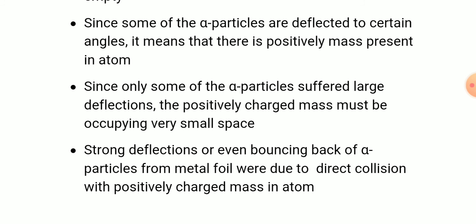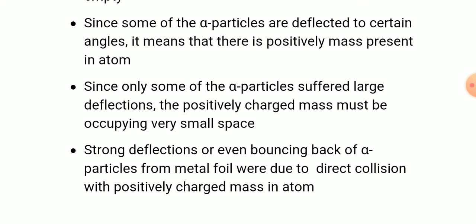Since some of the alpha particles are deflected through certain angles, it means there is positively charged mass present in an atom. Since only a few alpha particles suffered large deflection, that is, deflection through 180 degrees, the positively charged mass must be occupying a very small space at the center of the atom, which is called the nucleus.